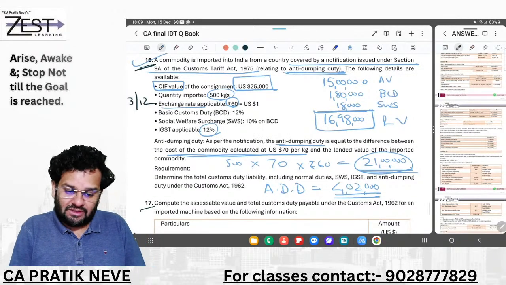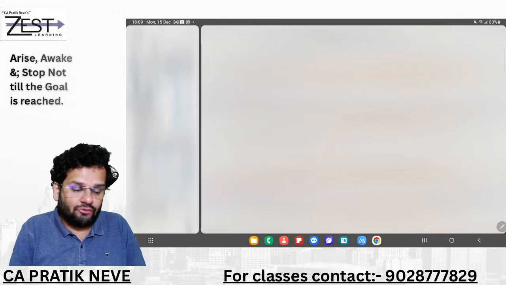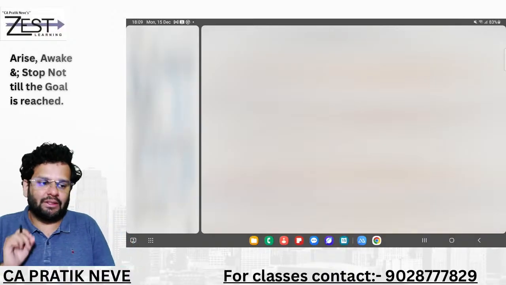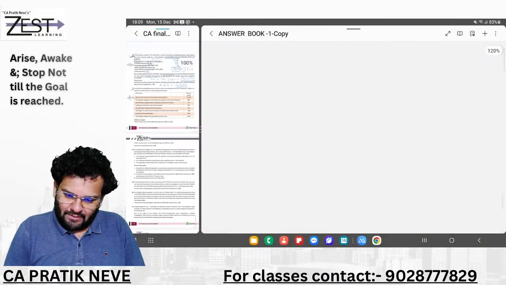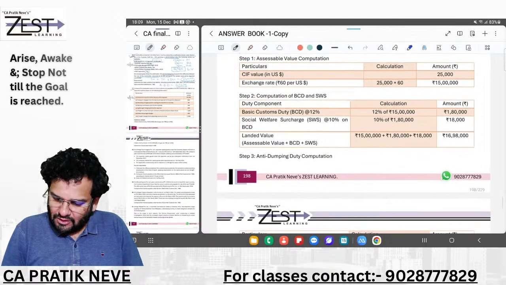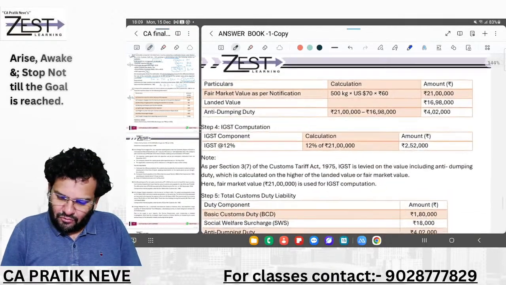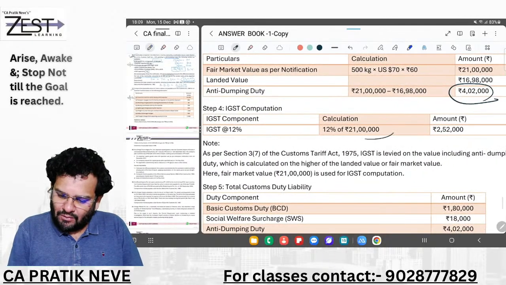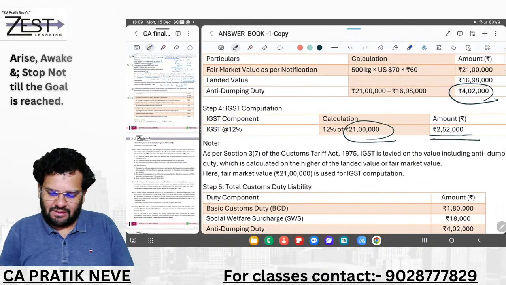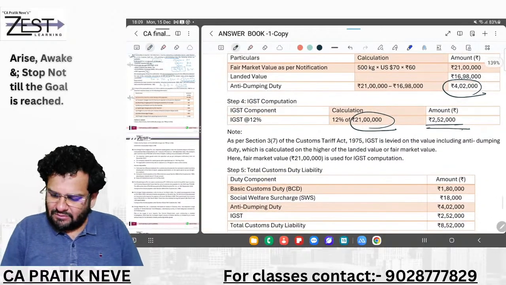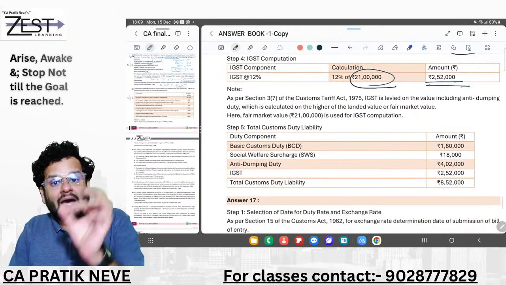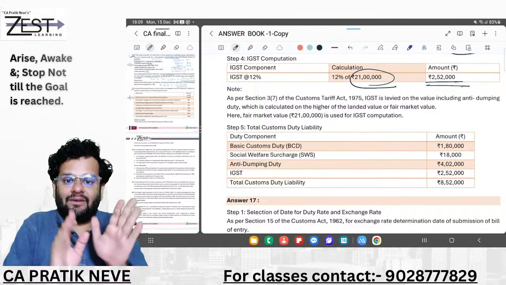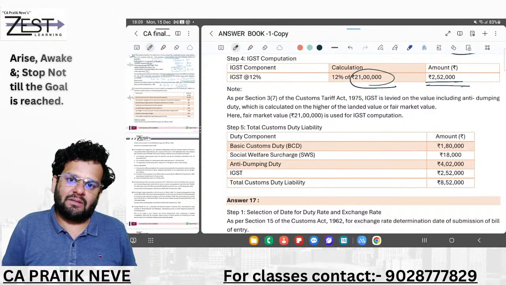That is how this type of anti-dumping duty question should be done. Please remember, 4,02,000 is anti-dumping duty, and on 21 lakhs you will calculate IGST. Remember one thing, your IGST will be calculated in the end. That is the main point.